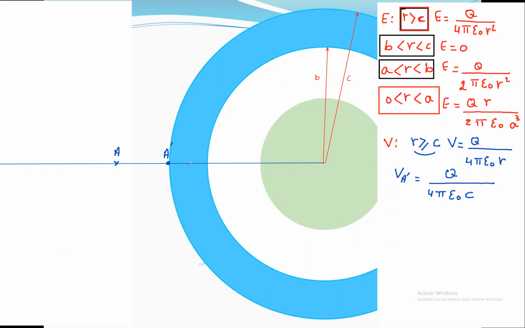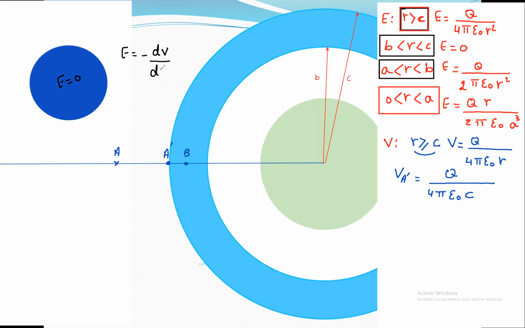Now, second point, I want to calculate the potential inside the shell. Let's say we have point B. Okay? You know, in the case of a metallic object, for example, I give an example here. Here we have a metallic object. Inside, we don't have a field. E equals to 0. But we have E equals to minus dV divided by dr. So as E equals to 0, in this case, V must be constant.